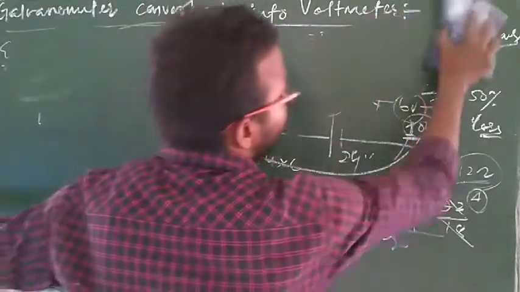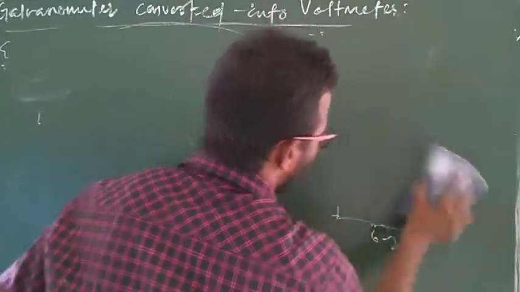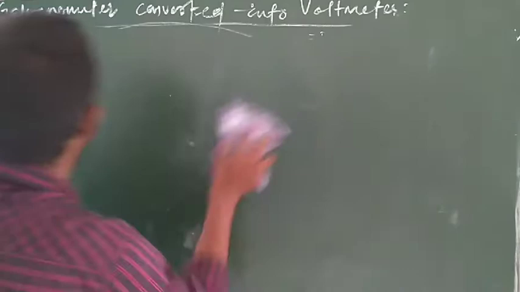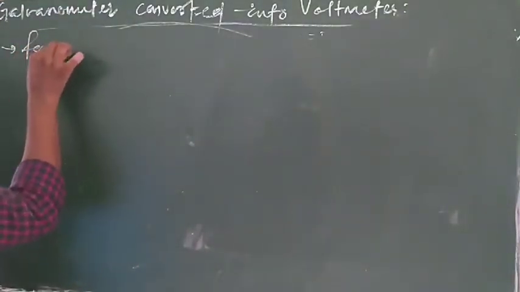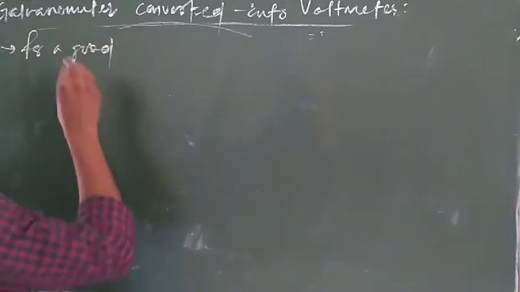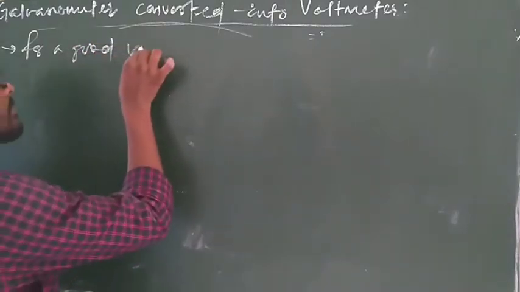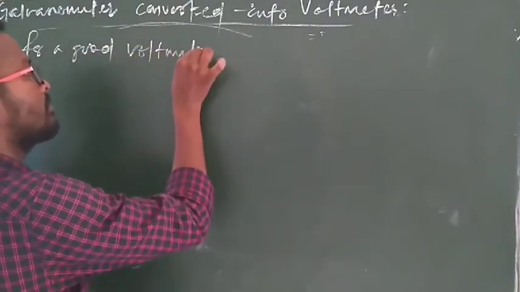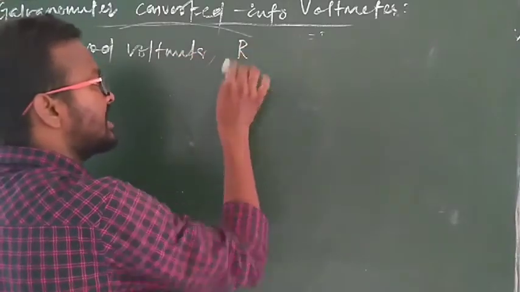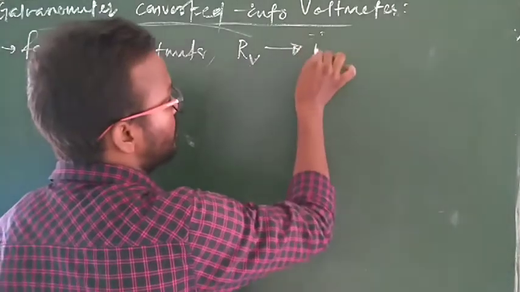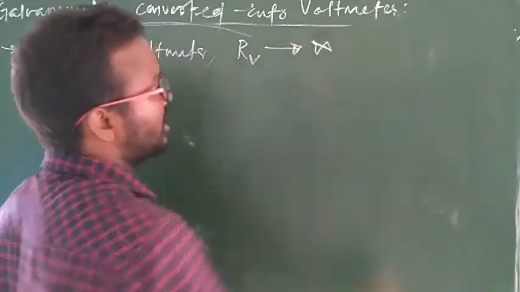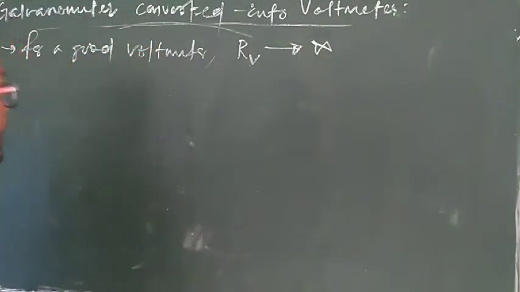So from this example we conclude that for a good voltmeter, the resistance of the voltmeter tends to infinite, not infinite, tends to infinite.